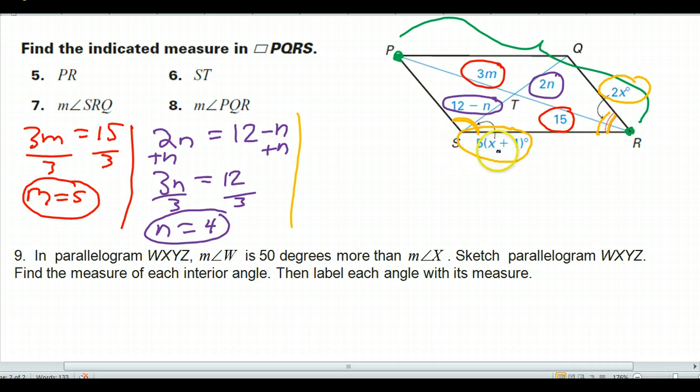Read this. Right, 5 times x plus 1. Oh no, now you're just setting them equal to each other. Pause. Yeah, it's true. I'll change colors in a second. Okay, look, Andrew, here's the deal. You were telling me, what is the relationship between these two angles? Are they equal to each other? No. So what are we going to do with them? Add them to 180.